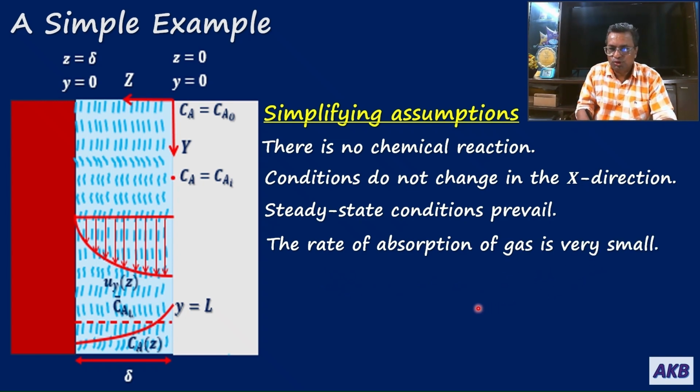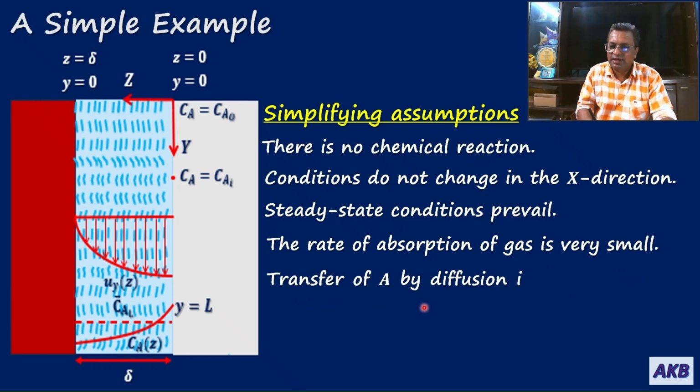I will talk more about it next day as I discuss how these simplifying assumptions are useful to us. For the time being, you just know that the rate of absorption of gas E is very small.